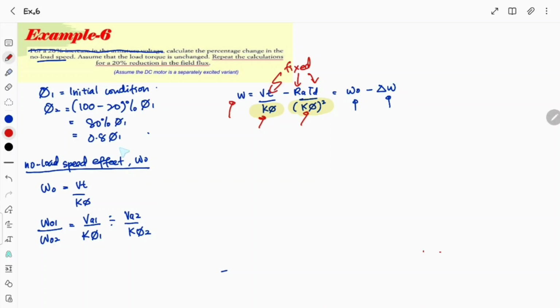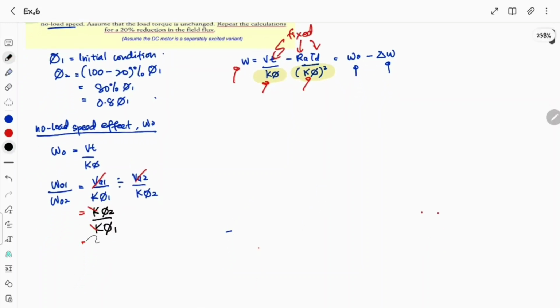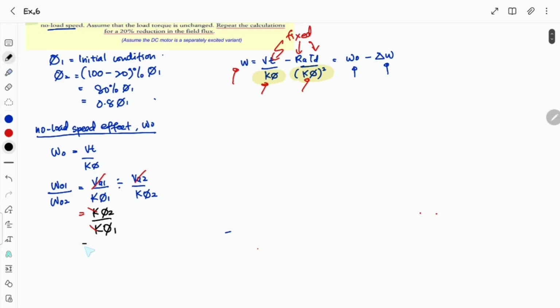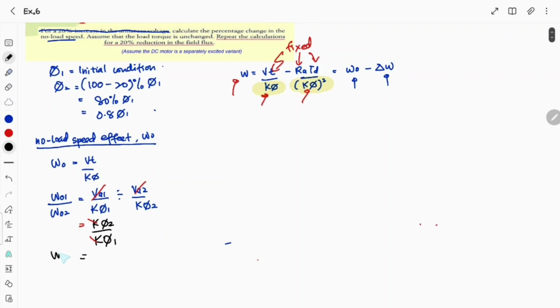Now from this one you can fill up. We know that this Vt or Va is fixed, so you can cancel this part and rewrite the equation. It's Kv2 over Kv1, and you can also cancel this K, which leaves you no load speed 1 over no load speed 2 equals flux 2 over flux 1.